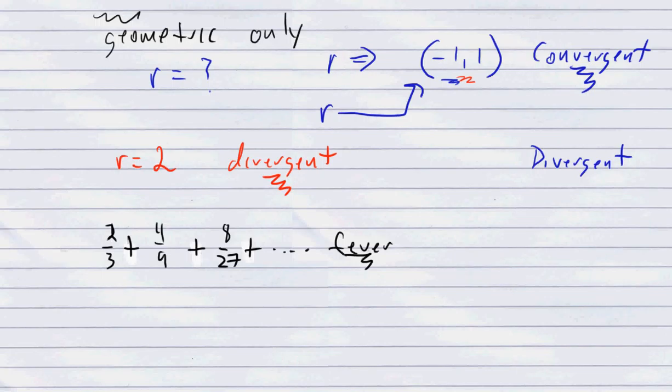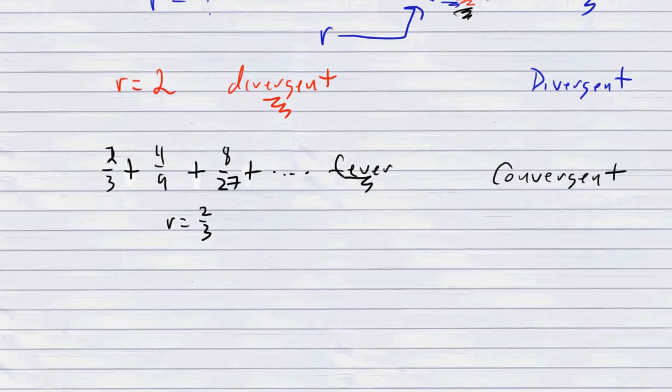So we look at that, and maybe you can see that the R value is 2/3. The common multiplier in that series is 2/3. That is in the -1 to +1 range, and so this series will be convergent and will therefore have a sum. We'll see what to do about that in a minute.